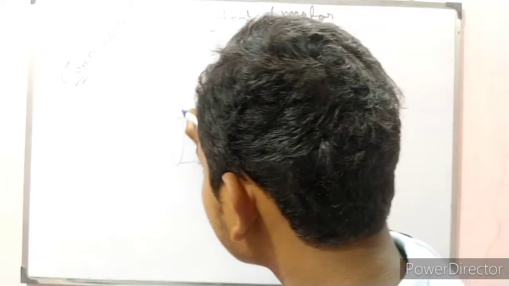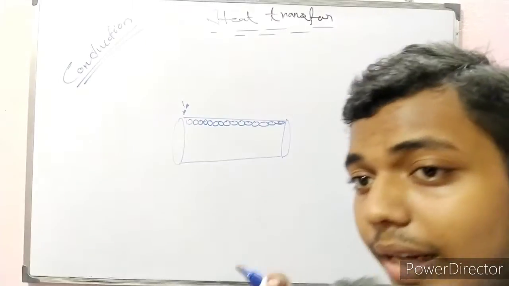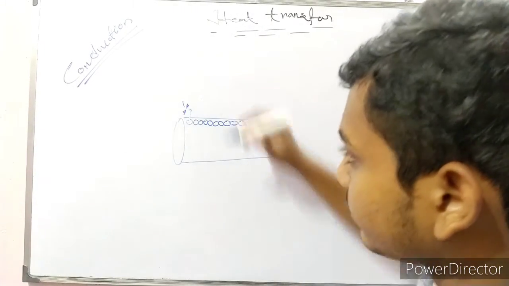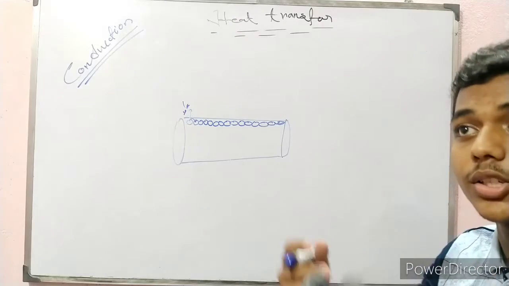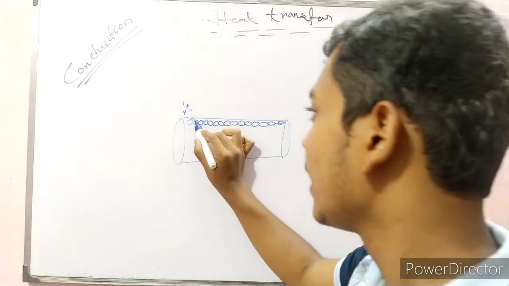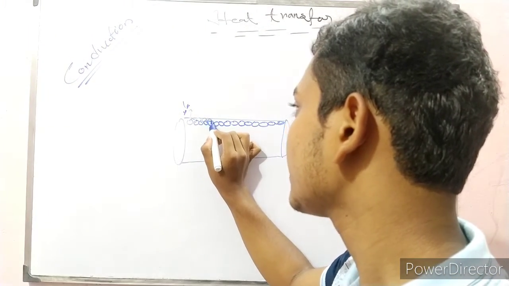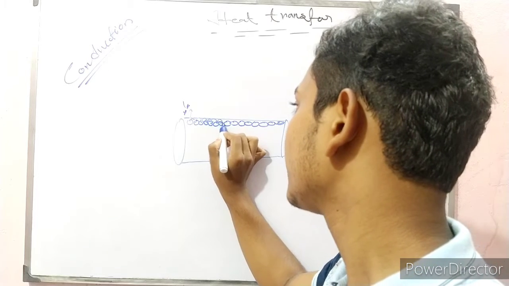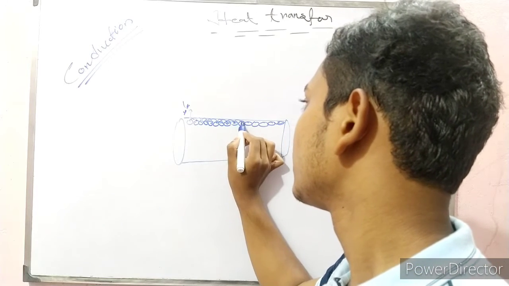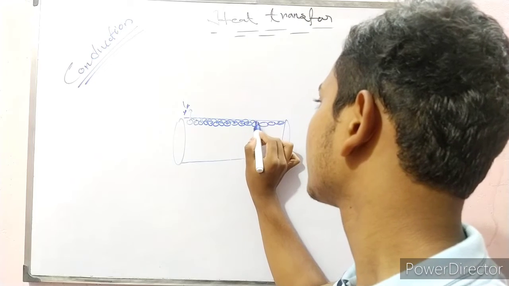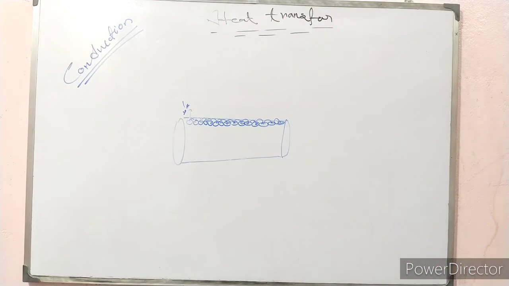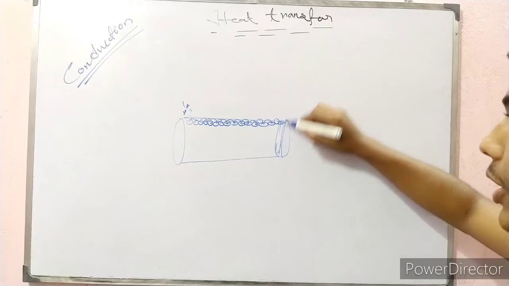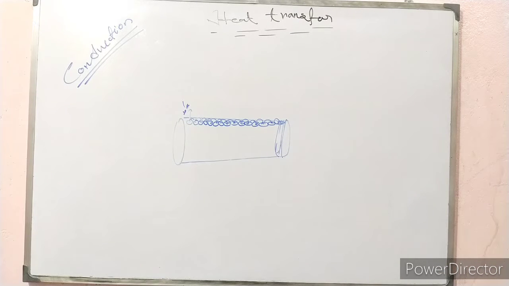When I heat this molecule, its kinetic energy is high, so it gives some of its energy and momentum to the next molecule, and this also transfers to the next, and so on along the piece. Then this position will be heated, and there we can feel the heat.